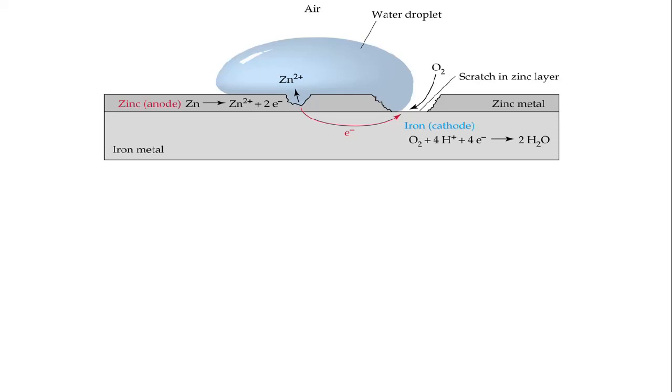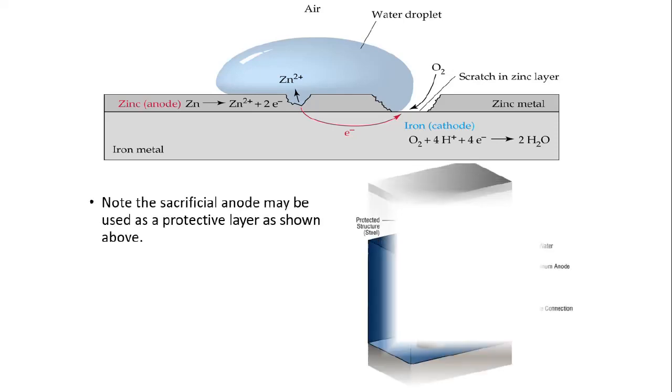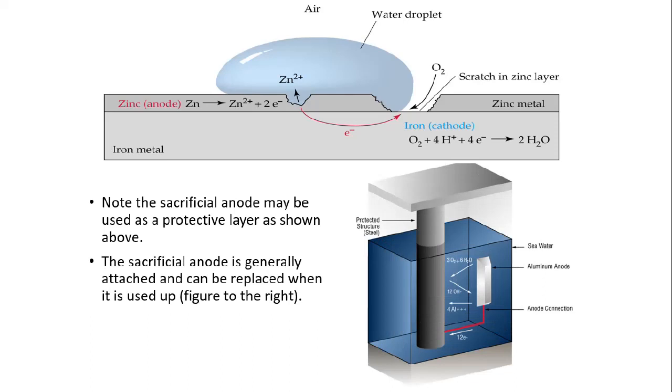These are really viable ways that can be used. Okay, and this is a diagram of the tank being protected by a piece of aluminum metal. All right, and you can imagine that even, for example, something like an oil rig, which is out there standing in the ocean, would need some sort of protection by some method or the other.